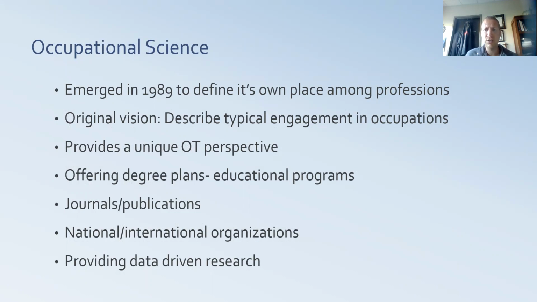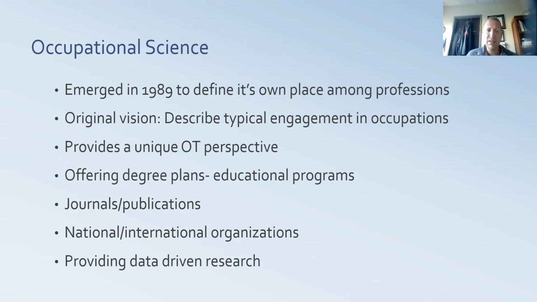journals, publications. So there's occupational science journals. There's publications looking at, again, describing different occupations and breaking them down on that scientific level. There's also national and international occupational science organizations out there. So the National Occupational Science, I can't remember if it's society or it's very similar to AOTA, but it focuses more on occupational science.